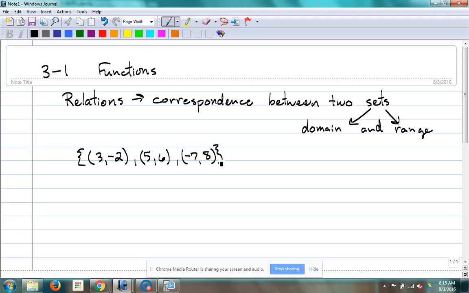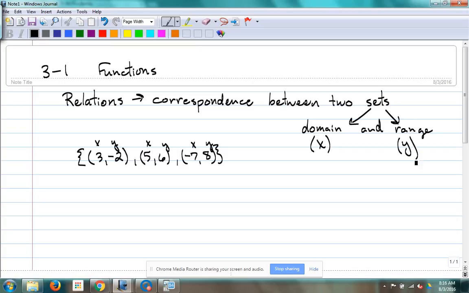Domain goes with which part of an ordered pair? So what are the parts of an ordered pair? You got x and y. So these are x's, these are y's. Right? So the domain goes with which one, x or y? X, yeah. Domain, those are your x values. That means the range has to be your y values.